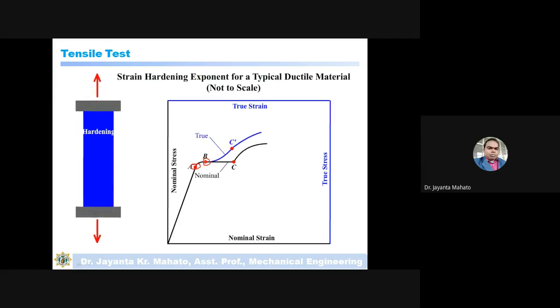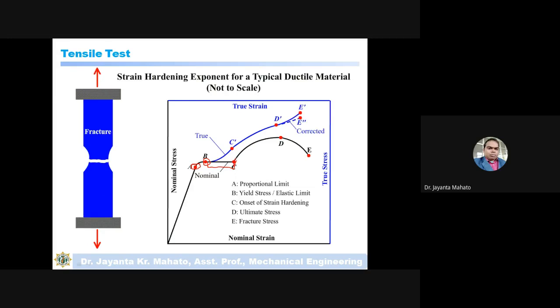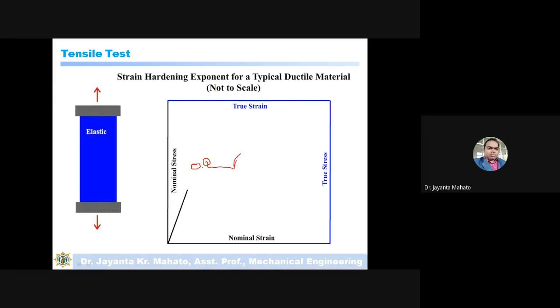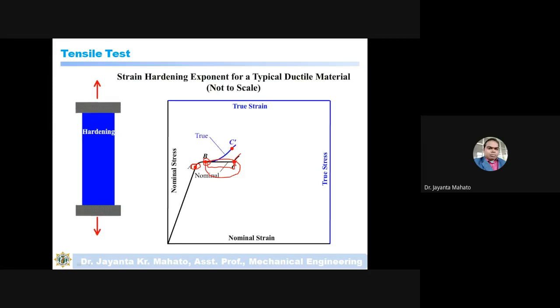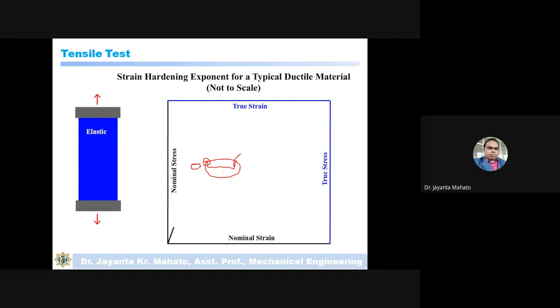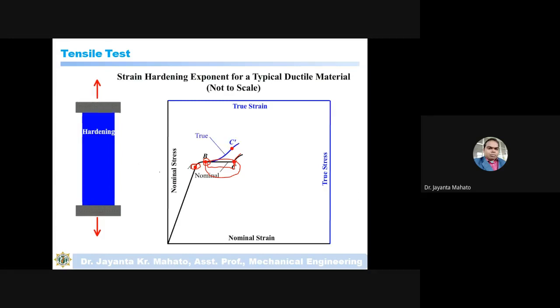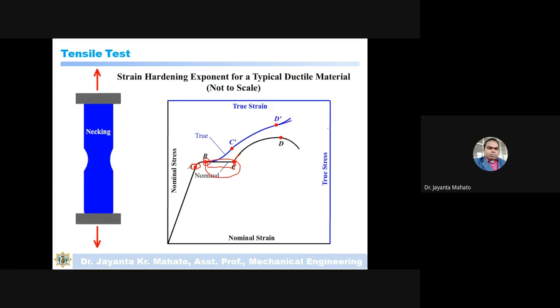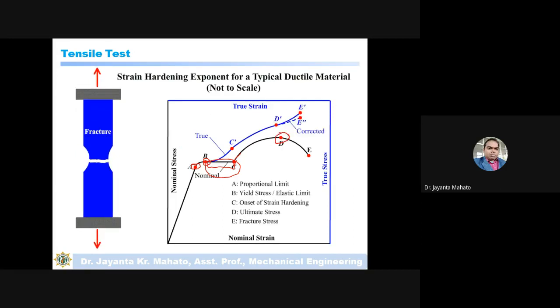In some cases yield drop will occur, and then it will increase again. This phenomenon is called the yield phenomenon. I will explain later. And this point D is called ultimate tensile strength, and E is the fracture.